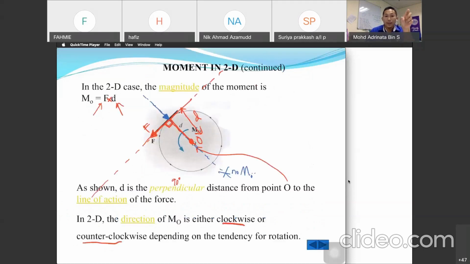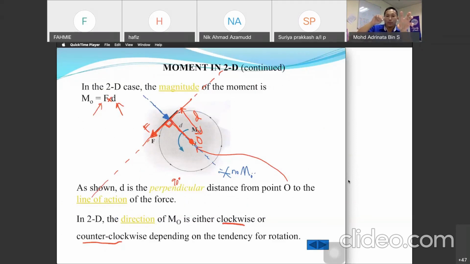Fix that O, and then try to look at it like an analog watch: this direction is clockwise and that is counterclockwise.